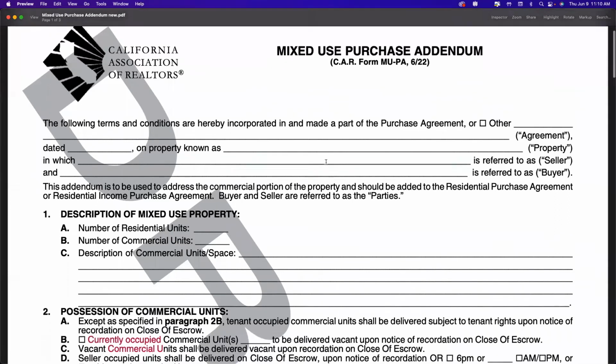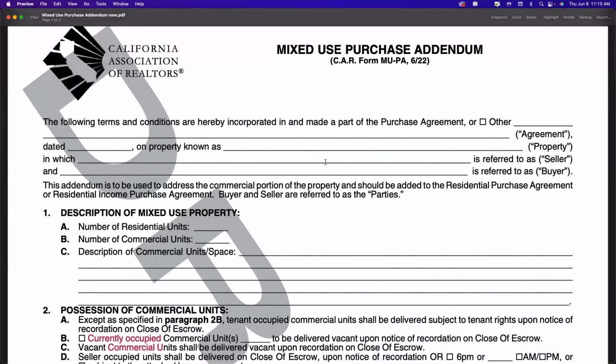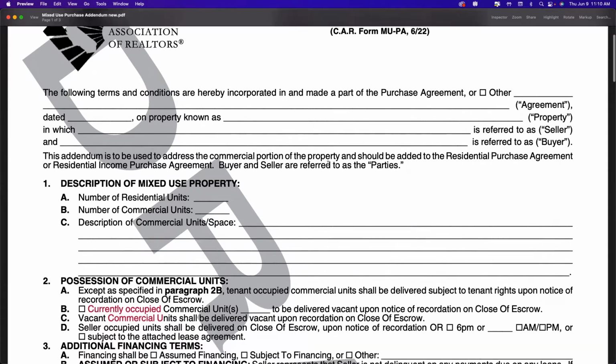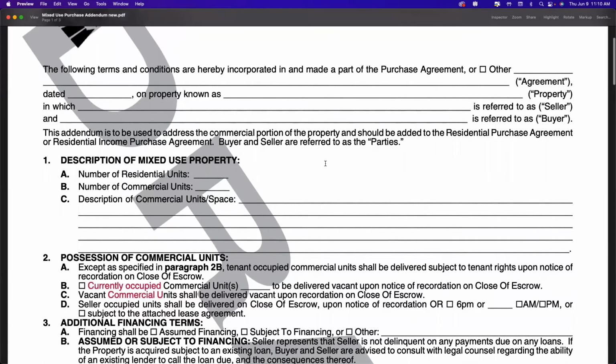Well, what this does is it's going to clarify the mixed use aspect of this property. So you have, just like anything else, the property, the purchase agreement, the buyer, the seller. And now what it's going to do is give a description of the mixed use property, how many residential and how many commercial units, and a description of the commercial units or space. So it's clarifying that information that we didn't have before.